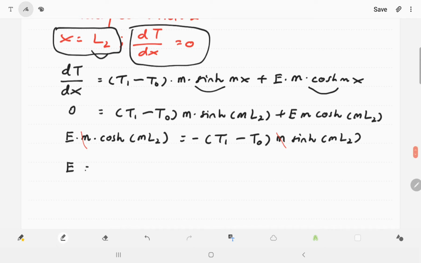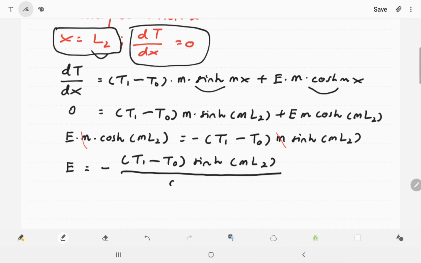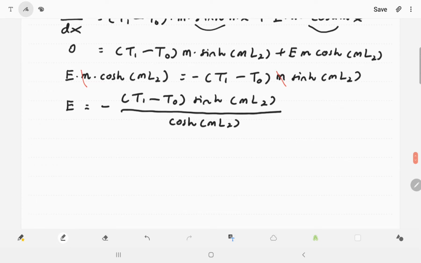E will be equal to minus T1 minus T0 sinh mL2 divided by cosh mL2.